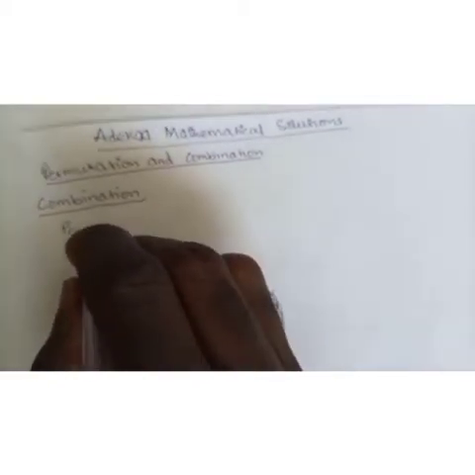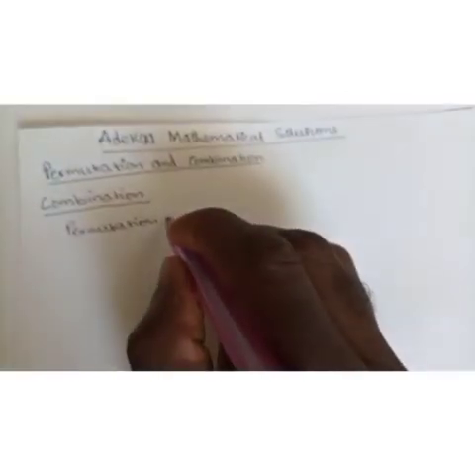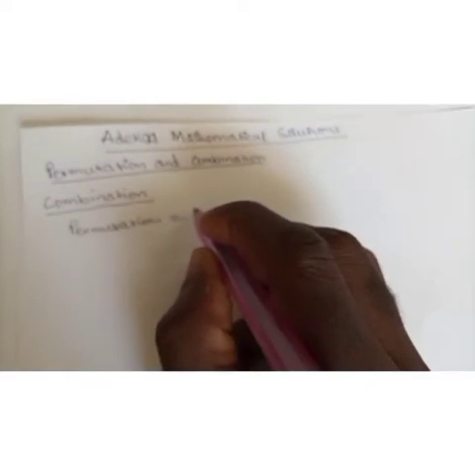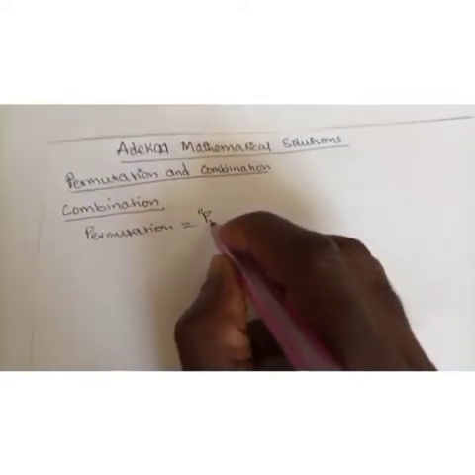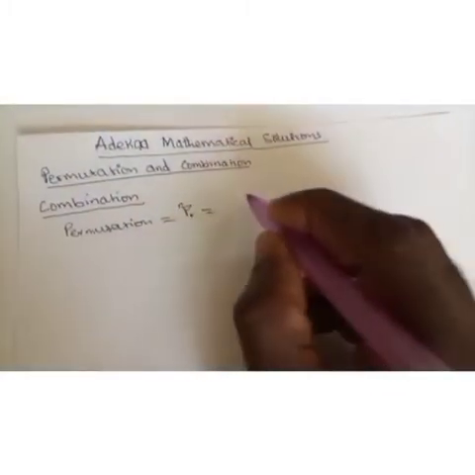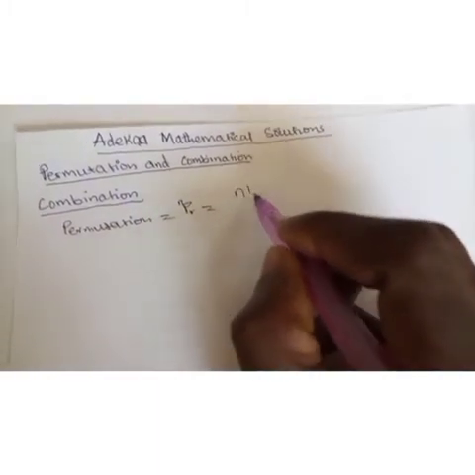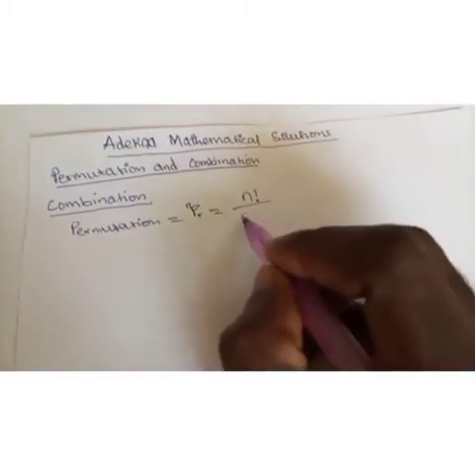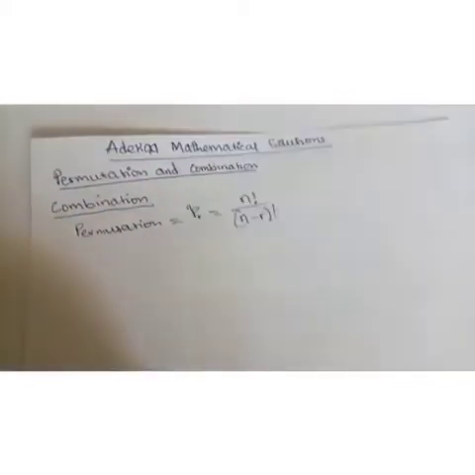But let's recall that in our last video, we said permutation, n permutation r, is given like this, which is the same thing as n factorial over n minus r factorial.